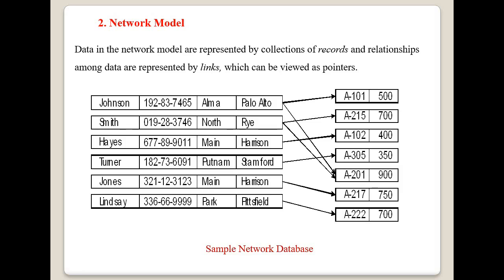Customer Johnson is related to account numbers A101 and A201. Customer Smith is related to account numbers A215 and A201. Like that, all the customers are related to the other table by links. This is called the network model. When data are represented by links, it is called the network model.